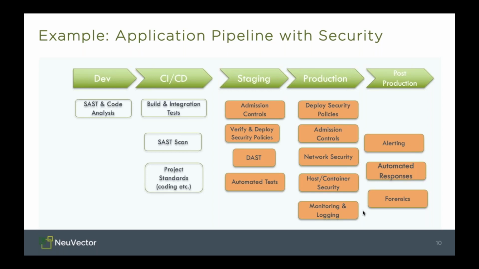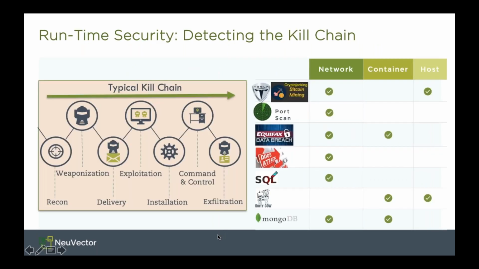And the same thing is going to happen in the production environment. And in the production environment, we're actually going to be enforcing the network security, host and container security, and then integrating monitoring and logging. So the reason that it's so critical to make sure you have very in-depth runtime security is that a typical attack or an exploit is not comprised of a single type of event.